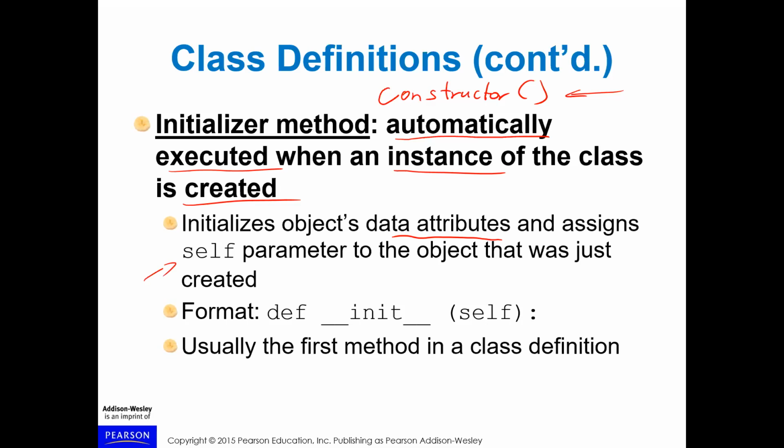And so now self is referencing that same instance. This is something that, don't worry if you don't get it right away. It's a little bit tricky to get, but you do get it with practice, and you start to understand why. So it initializes objects, data attributes, and assigns the self parameter to the object that was just created. And that's done through the constructor.